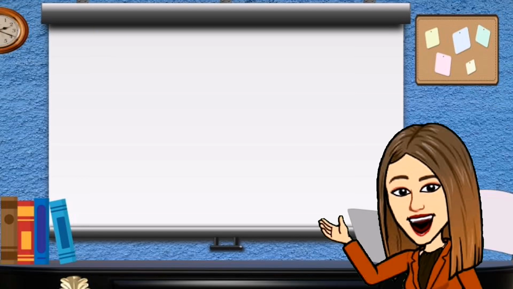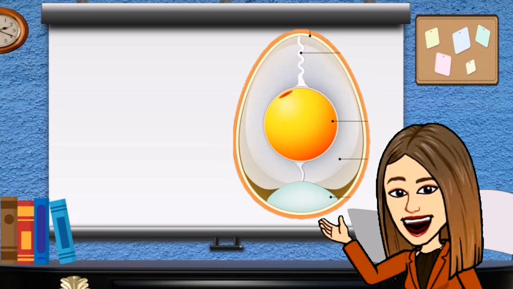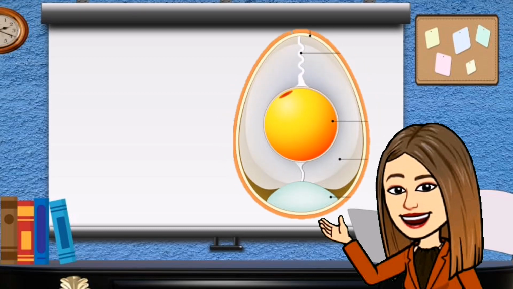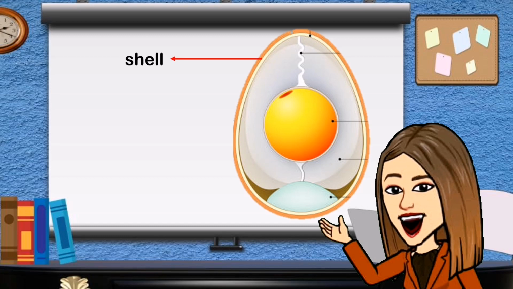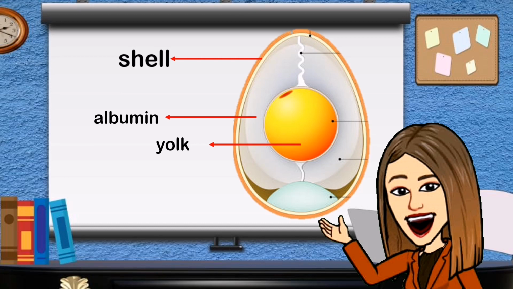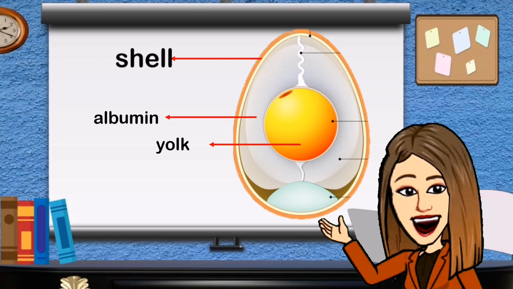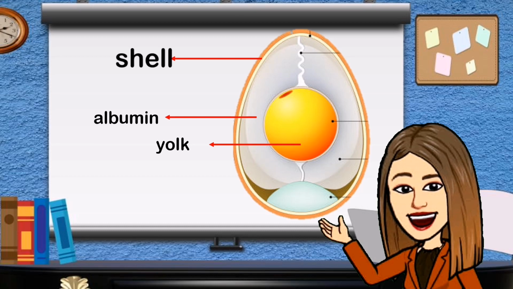All birds like chicken, ostrich, and eagle lay their eggs to start a new generation of their species. Eggs have 3 basic parts: the shell, the albumen, and yolk. The shell isolates the internal parts from the environment and somehow protects the eggs from external forces.